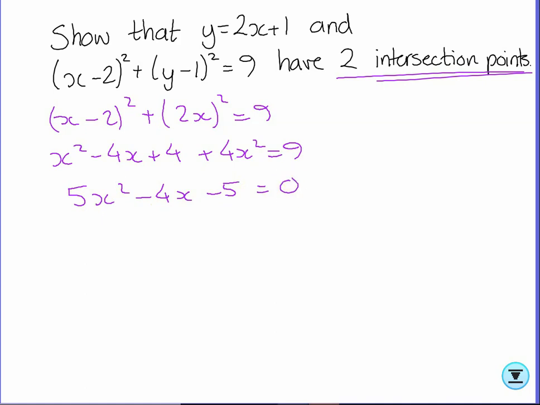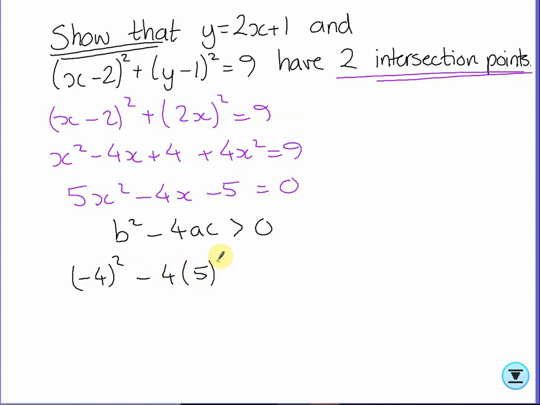So before we go ahead and solve it to find the 2 points, could we save us some time? The answer is yes. Now, if there are 2 intersection points, which they're telling us there are, and we're just asked to show that, this should be greater than 0. So let's just work out the value of the discriminant. So minus 4 squared minus 4 lots of A, 5 lots of C, minus 5.